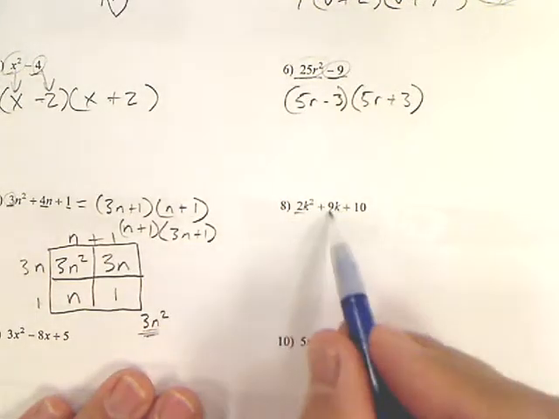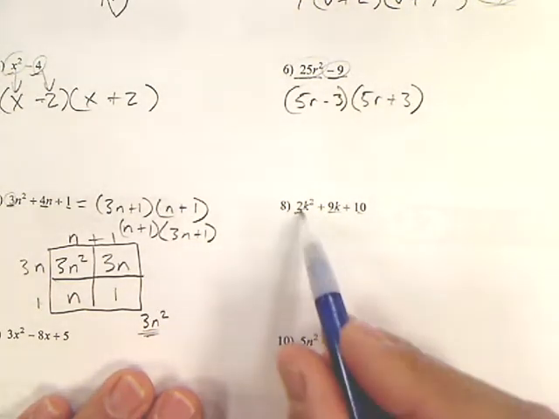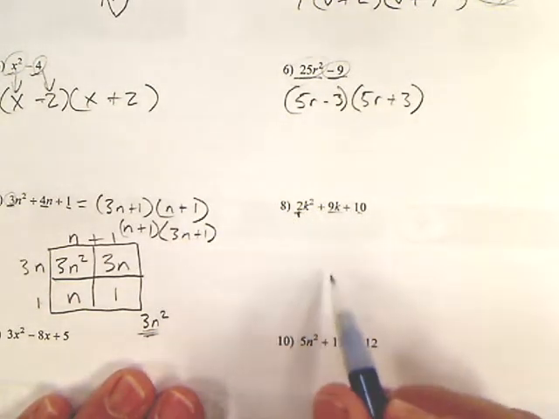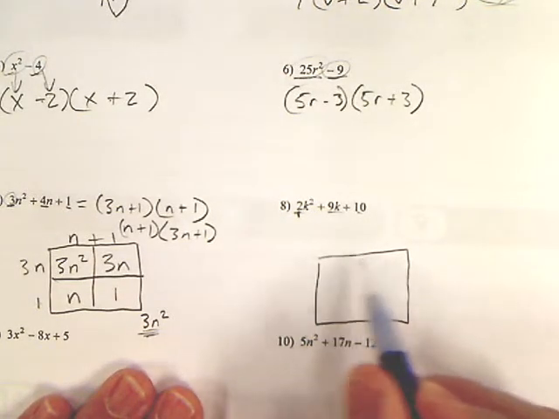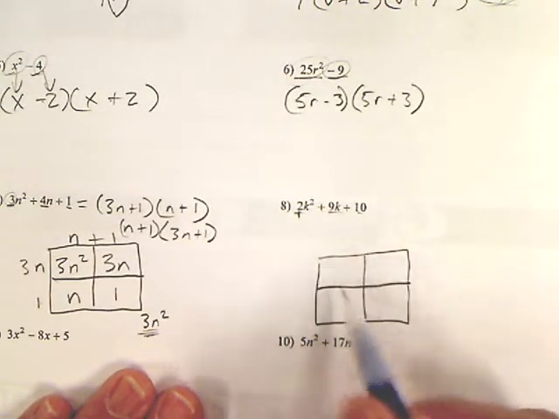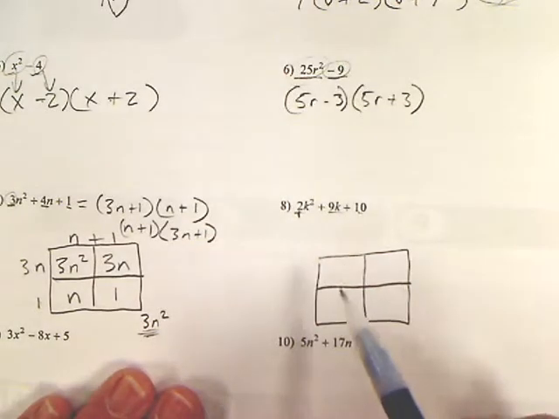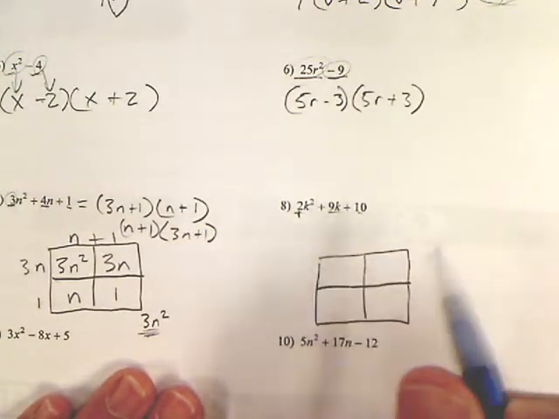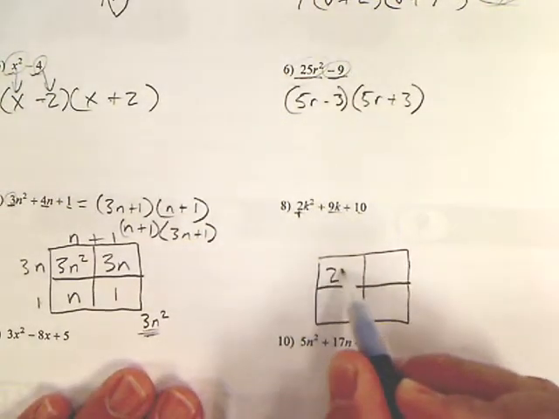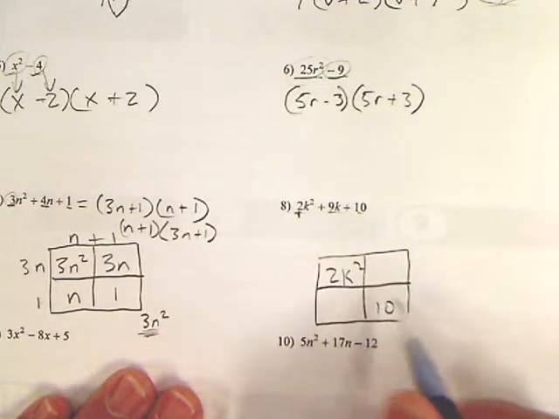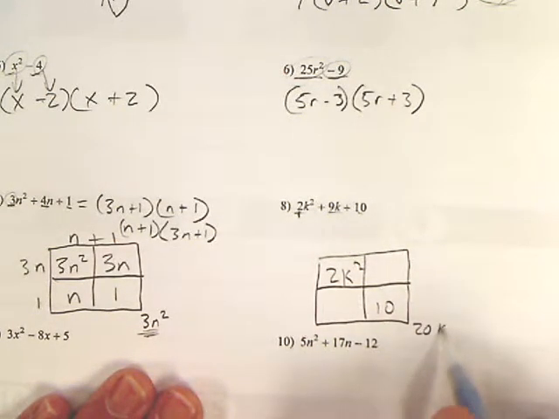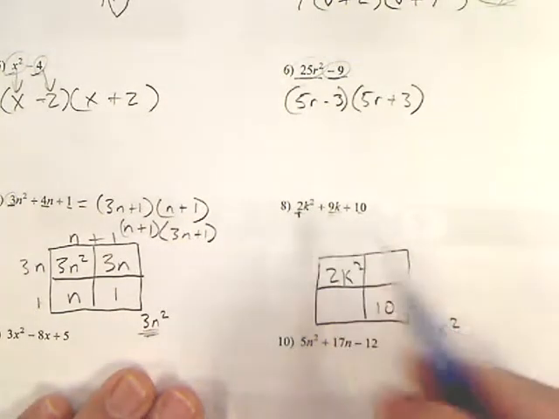Is there a common factor? No. And there's a number in front of the k squared, so I got to use a generic rectangle. Actually, the generic rectangle works on every single one of them. There's just shortcuts up there. 20k squared. Two numbers multiply together to be 20k squared and add together to be 9.